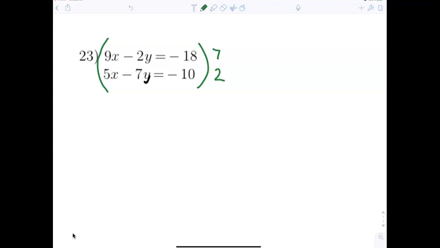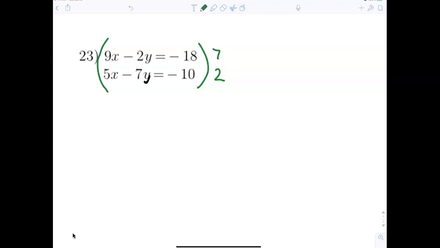Now, are both of those negative? So one of them has to be positive. Do you agree? No, I'm saying if you're going to put a 7 here, that'll make that negative 14 and that negative 14. One of them has to be positive. So we don't have to do the one of these.